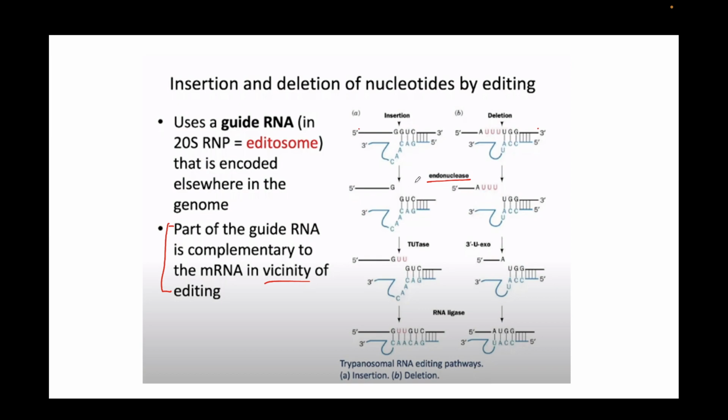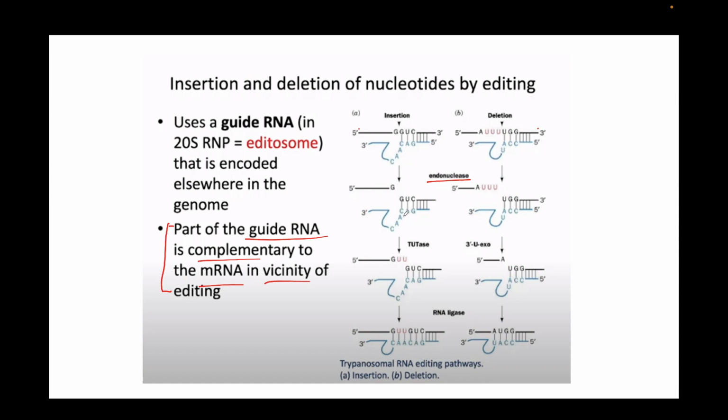Got it? So here there is a break where GUC is nowhere present. Now we see that this CAG has been added already, right? Because guide RNA forms a complementary strand to the mRNA vicinity. So this is my guide RNA which has the CAG sequence. It has formed hydrogen bonds: GC, UA, CG.